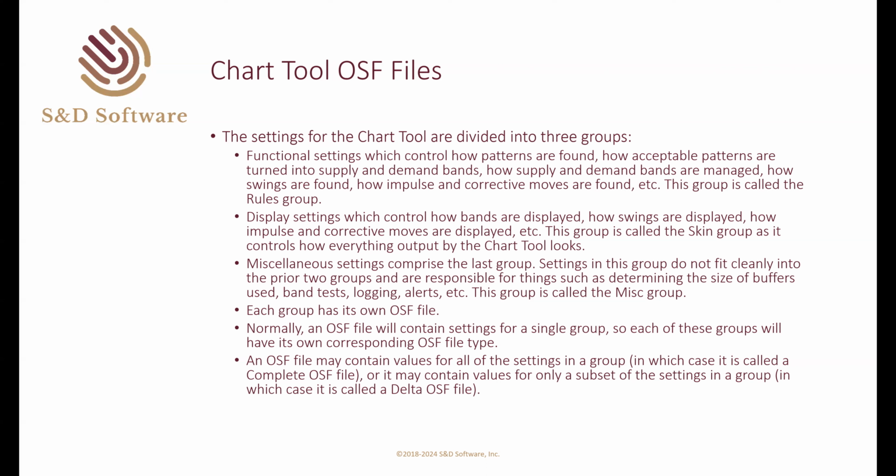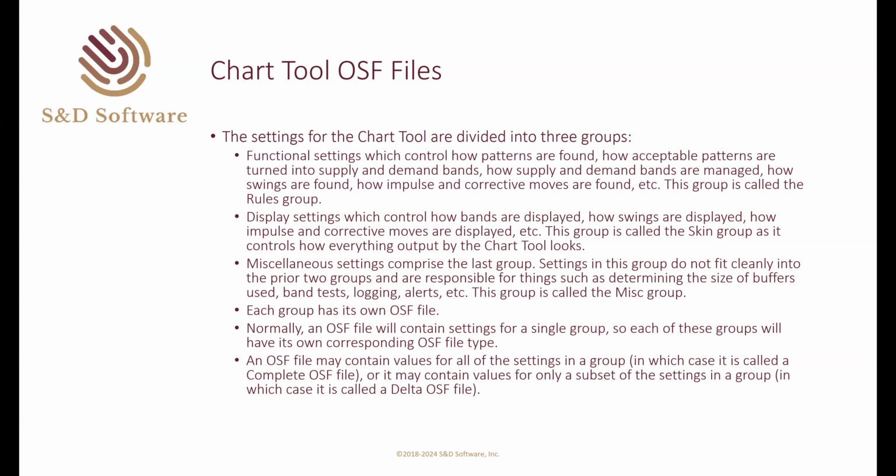Everything that controls the look and the feel, I guess you could call it. And we call this the skin group because that apparently is a common name among gamers for these kinds of settings. And it's a lot shorter than trying to call it the look and feel group or something like that. So we call that the skin group.